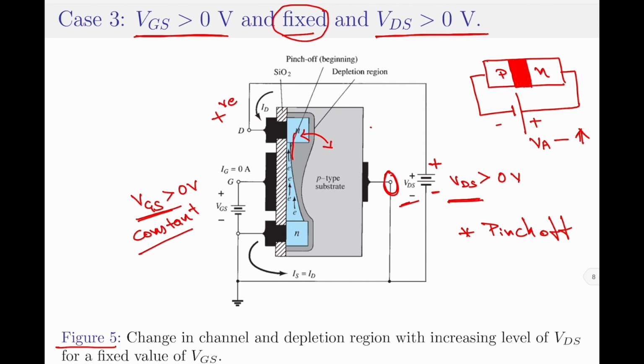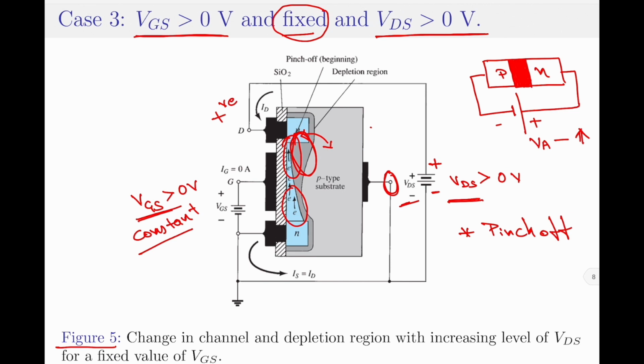You can see that in this portion of the diagram. Since this depletion region width is increasing, the effective channel width decreases. As you can see, the channel width at the source is quite a bit higher than that towards the drain. This decrease in the channel width offers a higher resistance to the flow of charge carriers.